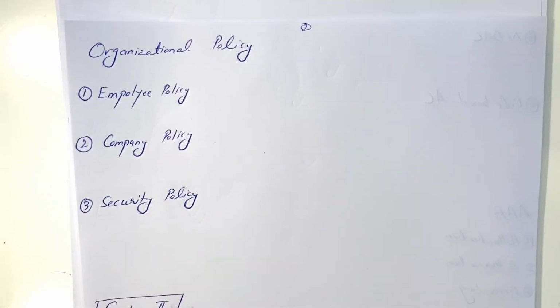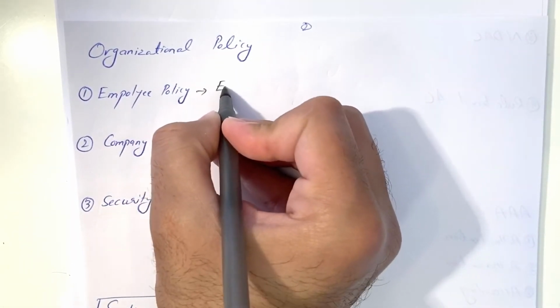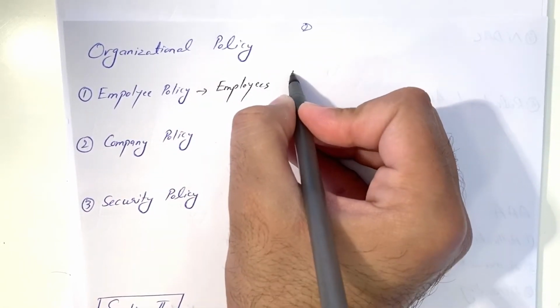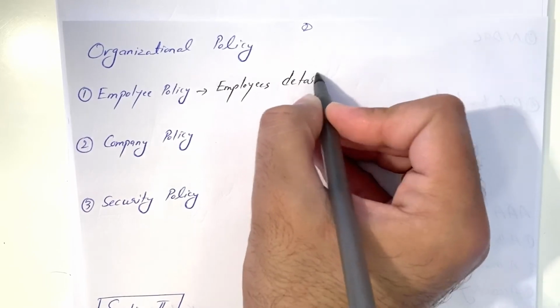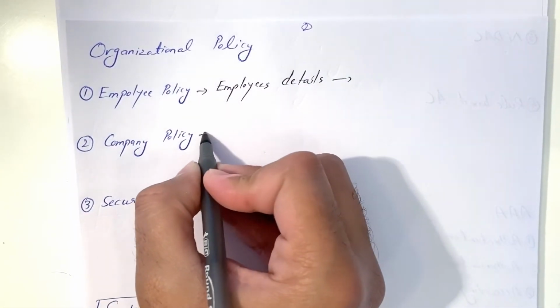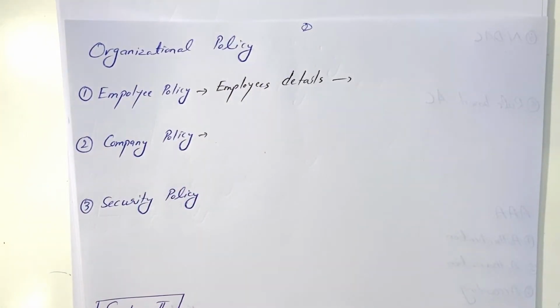Then we have the organizational policies. There are different types of policies. Employee policy is basically based on employee-related details, for example, their salary and all that stuff. Company policy is basically a detailed policy that defines the working of employees, like what their code of conduct is, what the code of conduct is for employers and all that stuff.